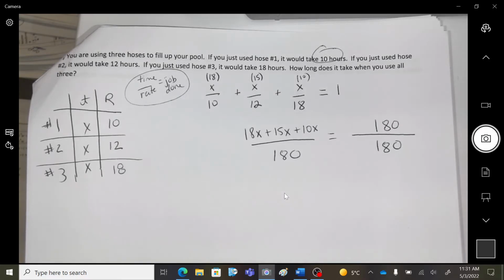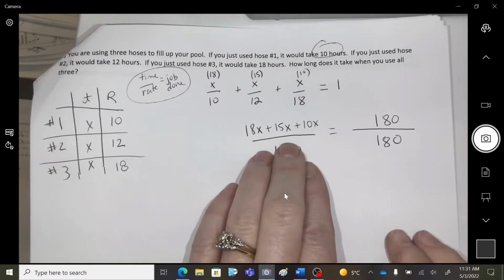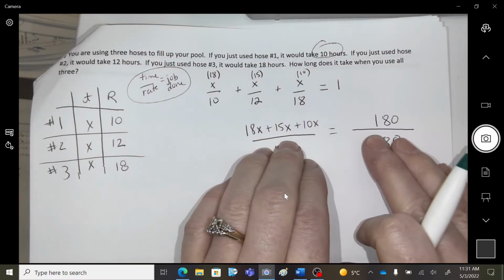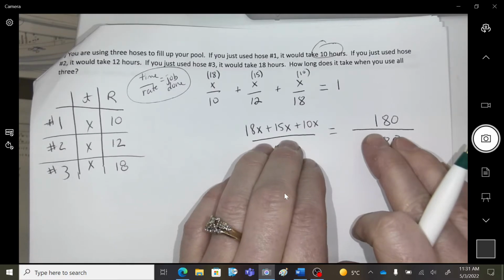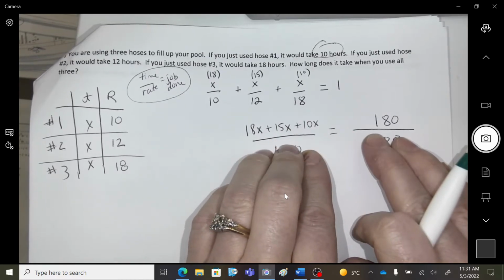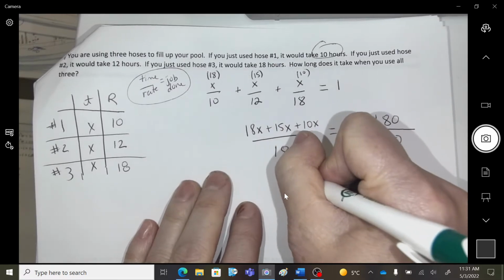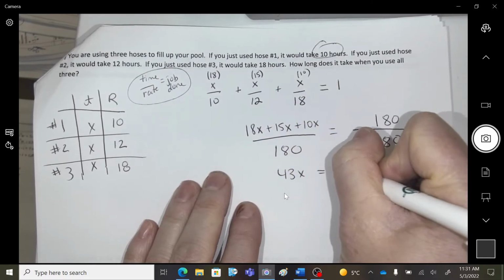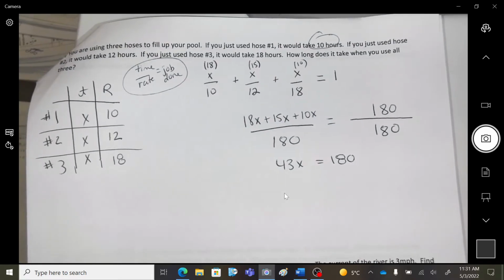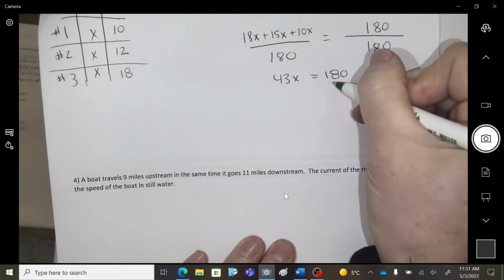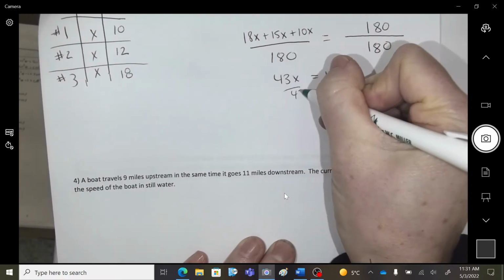So now we get to do the drop. So this top equals that top. How many x's is that once I put them all together here? 43x equals 180. So divide by 43.